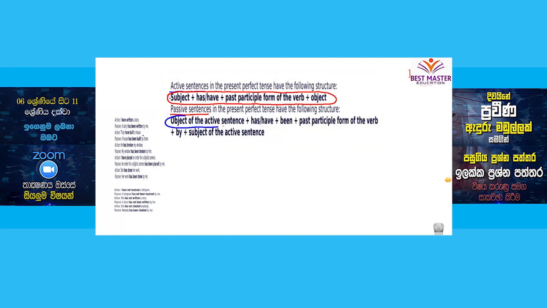Object of the active sentence, has, have plus been plus past participle form of the verb. These are the two formats of active voices and passive voices.